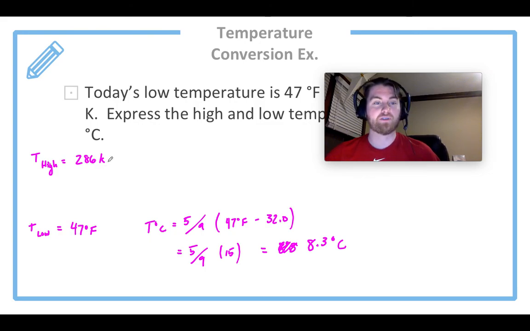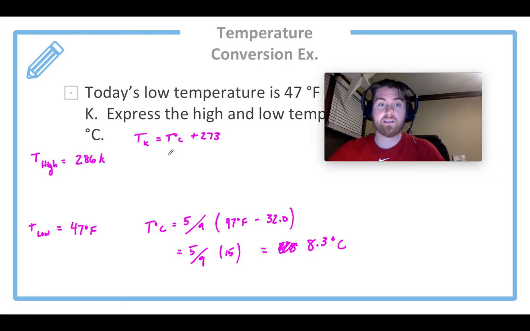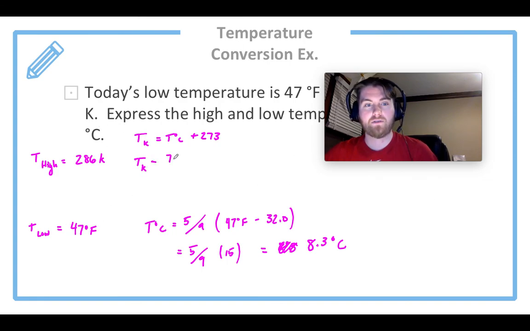Now let's do the temperature of high. Temperature in Kelvin is equal to my temperature in degrees Celsius plus 273. So if I want temperature in degrees Celsius from Kelvin, I do temperature in Kelvin minus 273 equals my temperature in degrees Celsius.